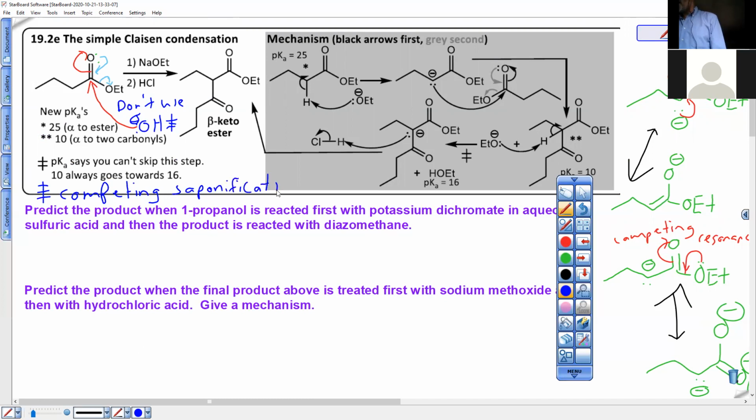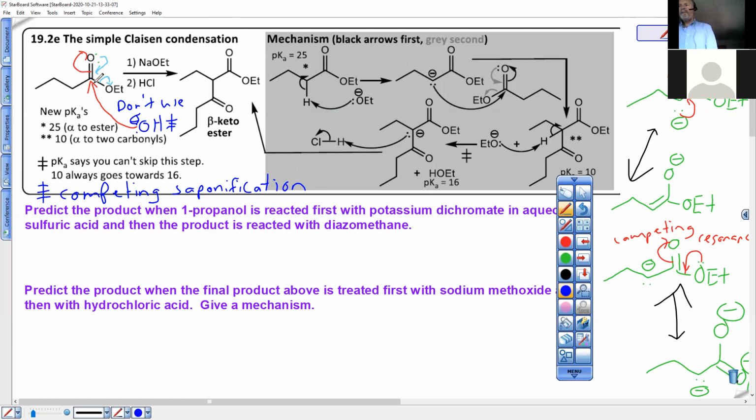So a question you should ask yourself right now is, why is that not going to be a problem also with this base? And it is a problem with that base. But I want to ask you, what would the result be if instead of a hydrogen here, you had an ethyl? You'd get the exact same molecule you started with.